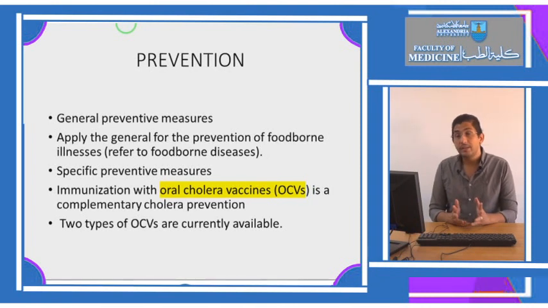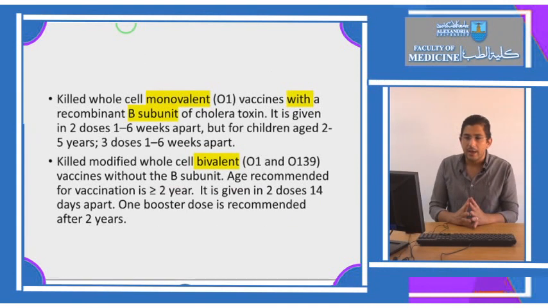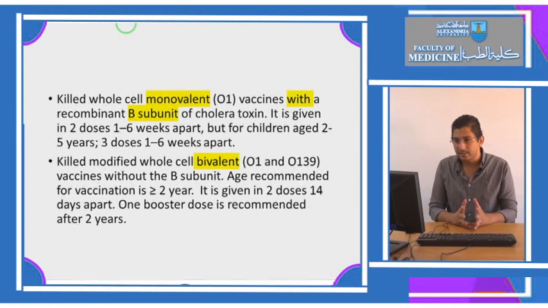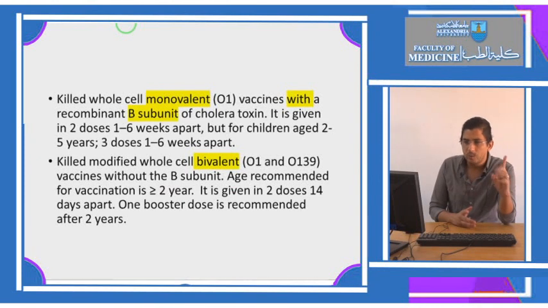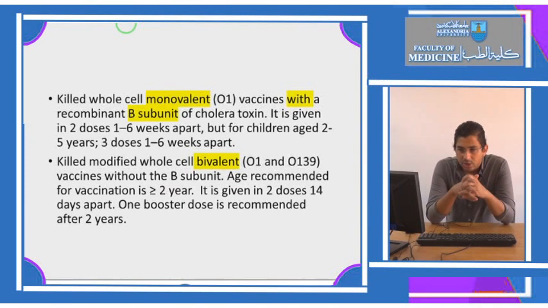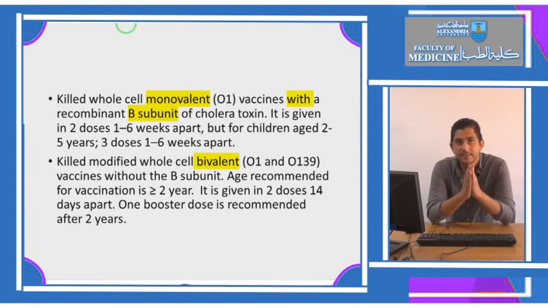Finally, the specific measure is immunization, which is the oral cholera vaccine. There are actually two types of oral vaccines. Both of them are killed whole cell. Either it's monovalent with the B subunit of cholera toxin, or killed modified bivalent, which is the O1 and O139 vaccine without the B subunit.